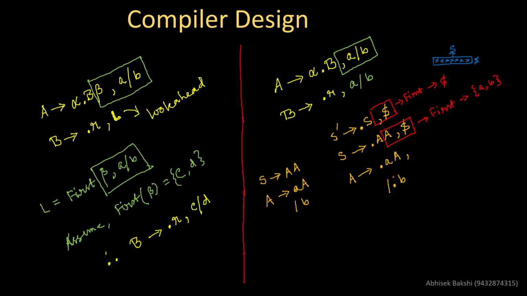So when I add the closure in this production rule, the lookahead will be a or b. There are two possibilities, either a or b, and here also either a or b, because in both cases I have the same LHS.